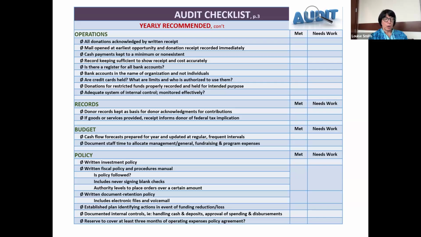Certainly your accounting department should have procedures on how they do their work, specific policies that are followed. Example is your fixed asset capitalization policy, which is when you buy, say, a piece of equipment, you specify a dollar range.